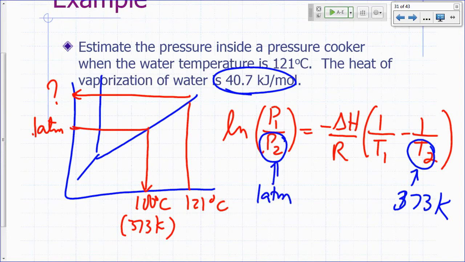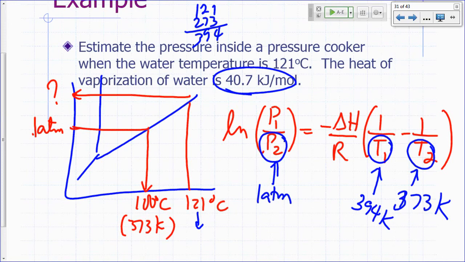And the question is, if T1 is 121 Celsius, what's that in Kelvin? 121 plus 273, 394. So if T1 is 394 Kelvin, what is P1? I'm given that delta H vaporization is 40.7 kilojoules per mole. So I know everything here, and I can solve for P1.